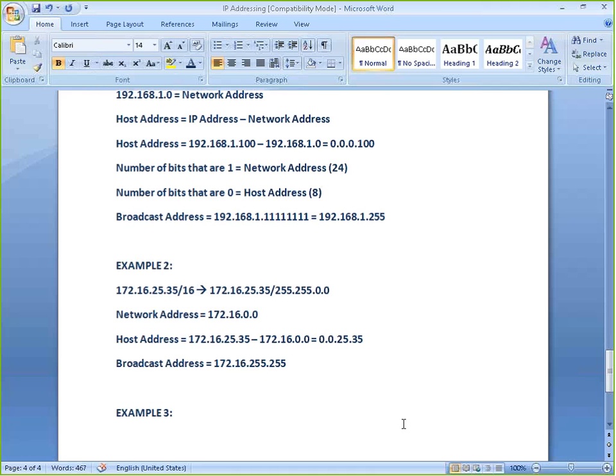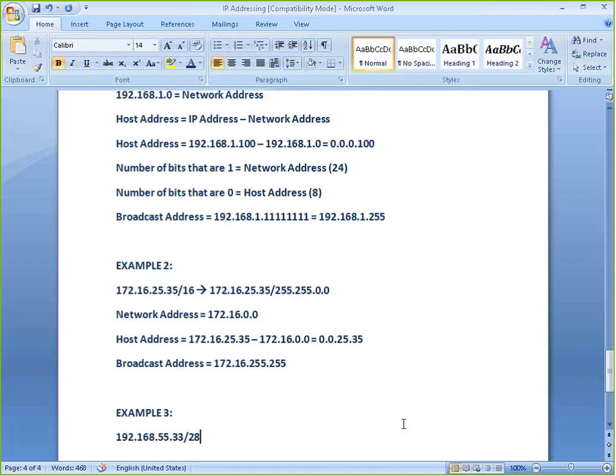The example that I'm giving you is 192.168.55.33/28. That is what I'm putting up.